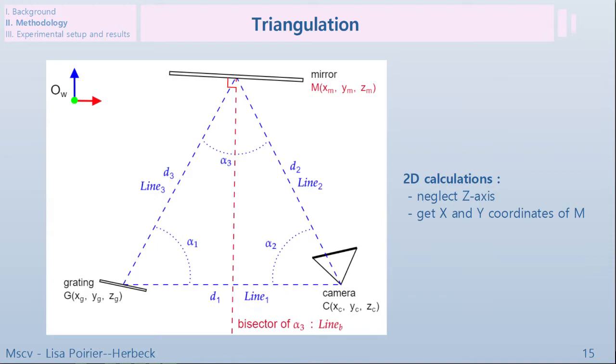And then once we have all this, we can easily find the 2D coordinates of M, which is the point of reflection in the mirror. And in fact, we can also have the normal line, which is the bisector of the third angle of this triangulation. So now we have the 2D coordinates of M.